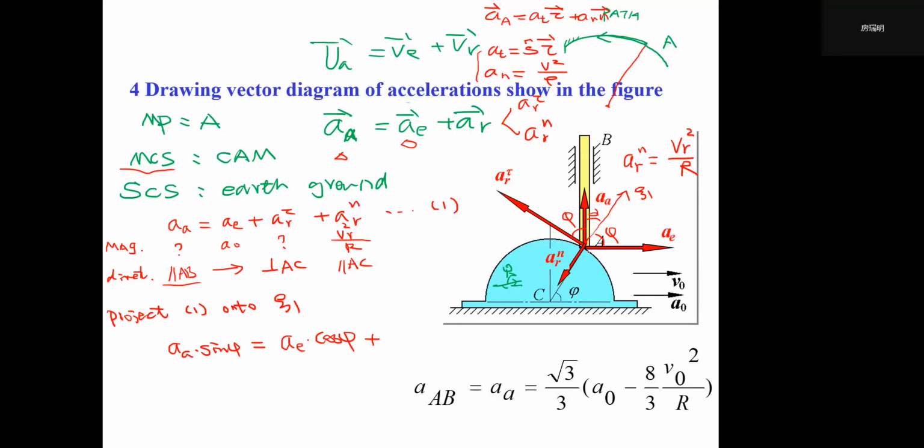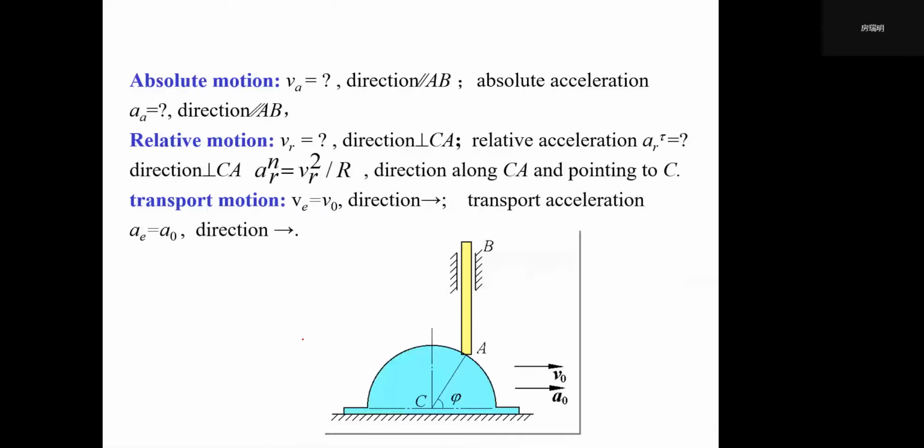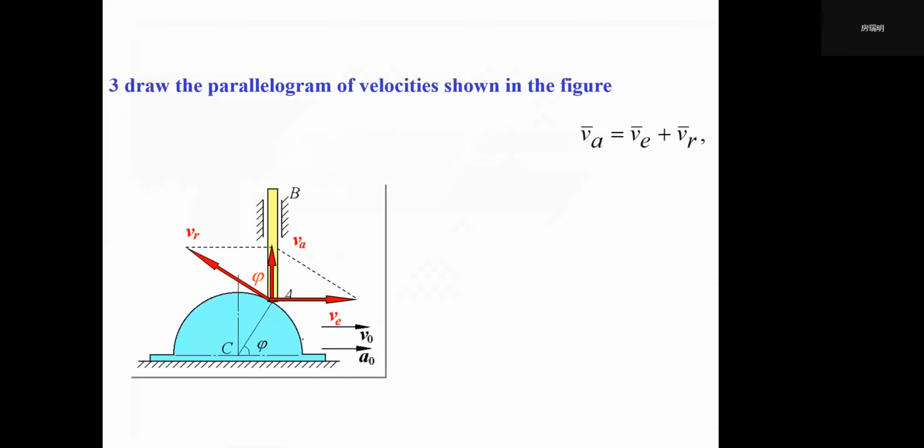So ARN, you'll find actually ARN is on the conceive 1 axis, but its direction is opposite to this positive direction. So we should give it a minus sign, right? I'm sorry.